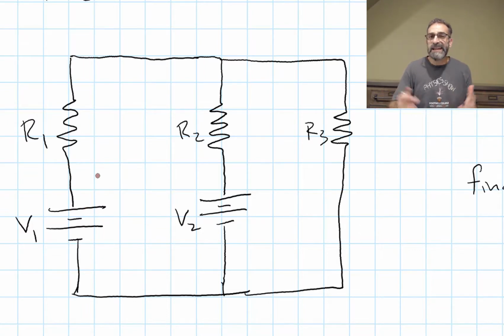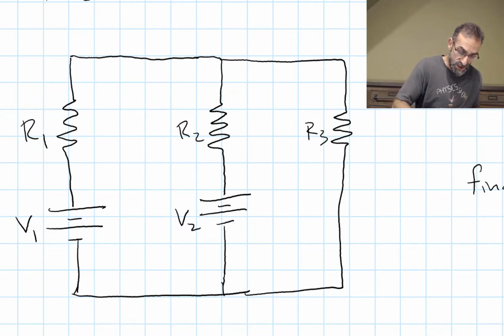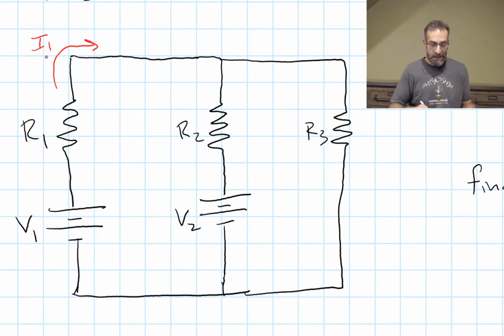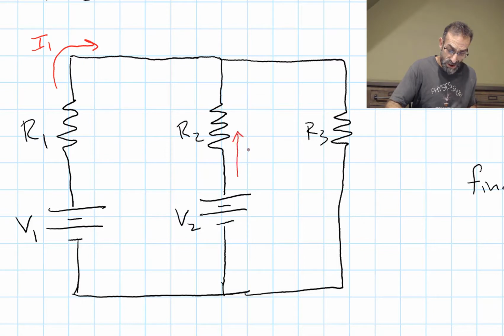We can pick any direction we want. So in this case, I'm just going to go with that convention. I'm going to say I1, the current through resistor 1, is going in that direction, the direction the battery would push it. And I'll do the same thing with the middle branch here, and I'll go with the direction the battery would push it.